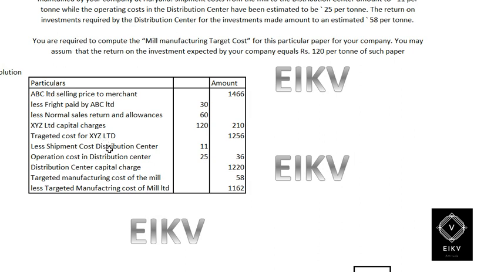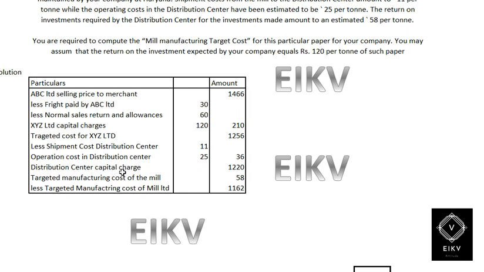Then we need to consider our costs, such as the shipment cost to the distribution center, which is 11, and the operating cost in the distribution center, which is 25. The sum of 11 plus 25 is 36, and you need to deduct that 36 rupees from the targeted cost. So we will get an amount of 1220.